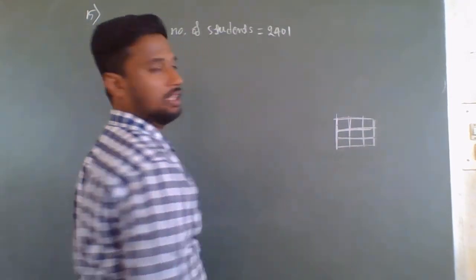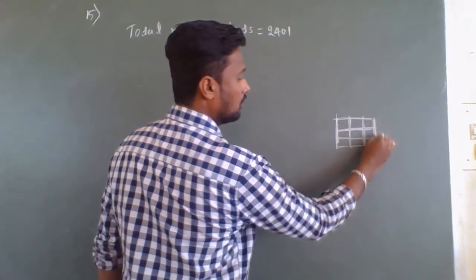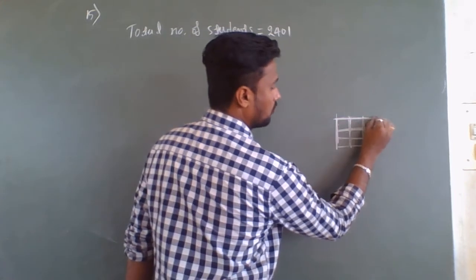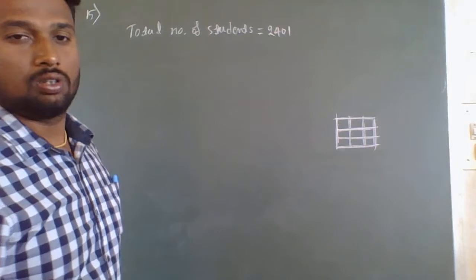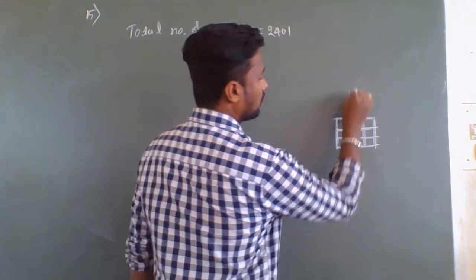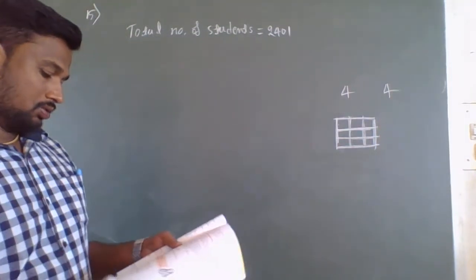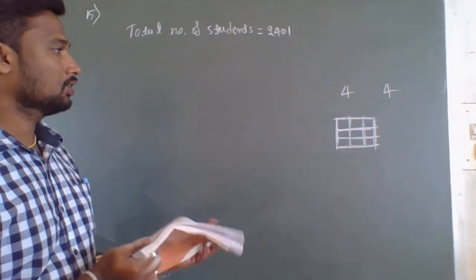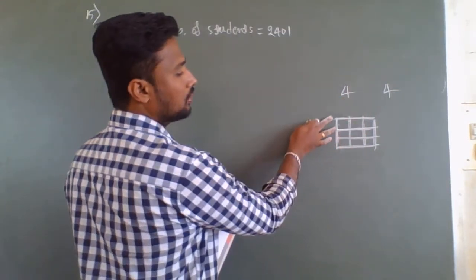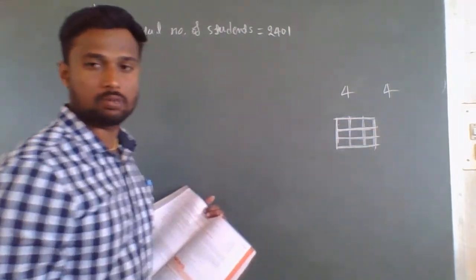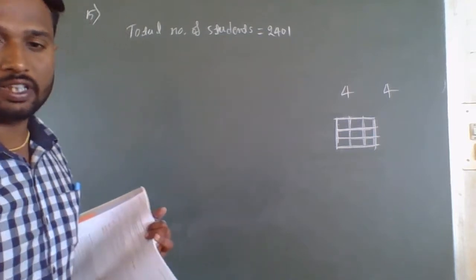Here you can see I considered 4 columns, 1, 2, 3, 4, and 4 rows, 1, 2, 3, 4. So there are 4 columns and 4 rows. As the PT teacher wants, in this example there are equal numbers of rows and columns.